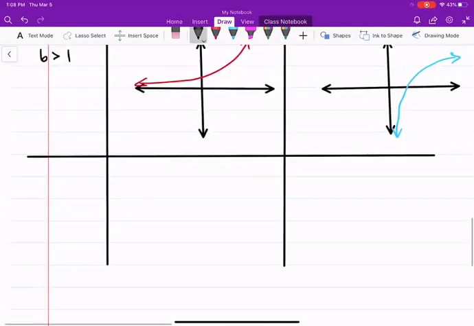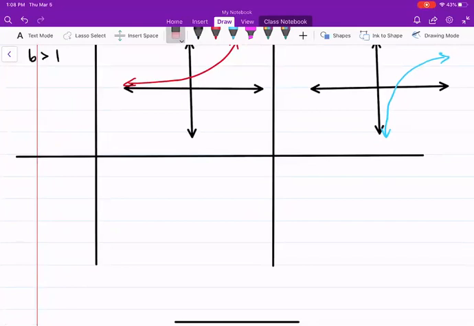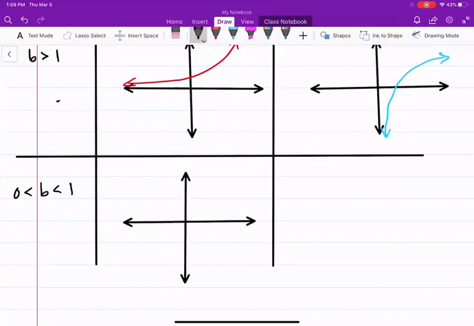Okay, what if, the other one was if b was between 0 and 1. What would that graph look like? We did it last class.